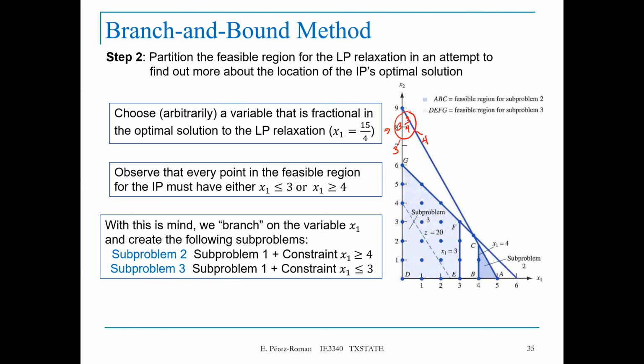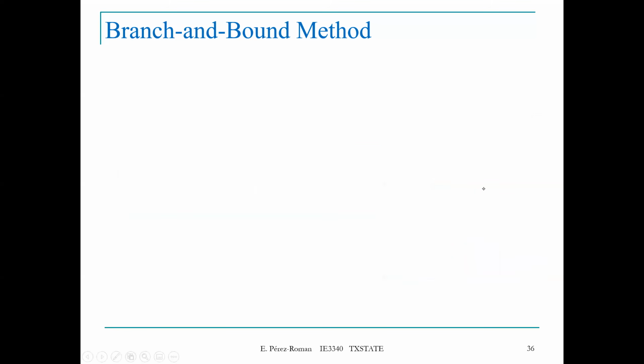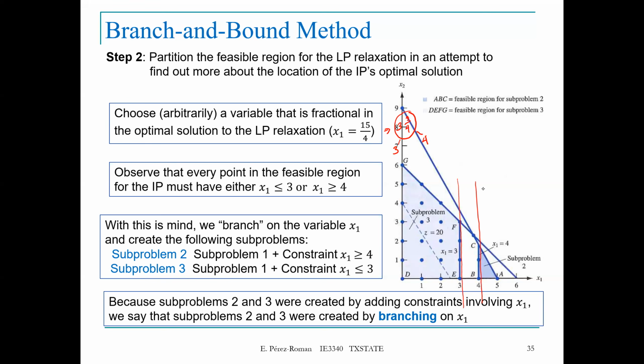If we look at the feasible region now, by adding those two constraints, we are adding this constraint, x1 greater or equal to 4, and this constraint, x1 less than or equal to 3. So now we create subproblem 2 and subproblem 3. We have two separate feasible regions now.